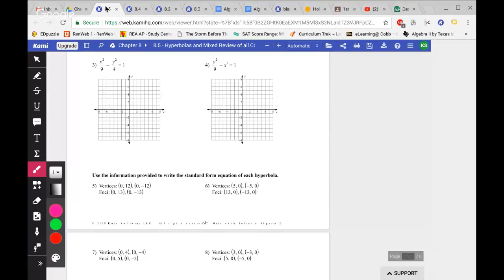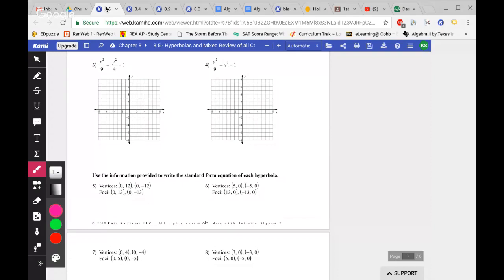For number 5, on a hyperbola, the key thing to remember is that the vertex is always going to dictate the direction that the hyperbola opens if you're graphing it, and it also dictates which of the two variables happens first in the actual equation.